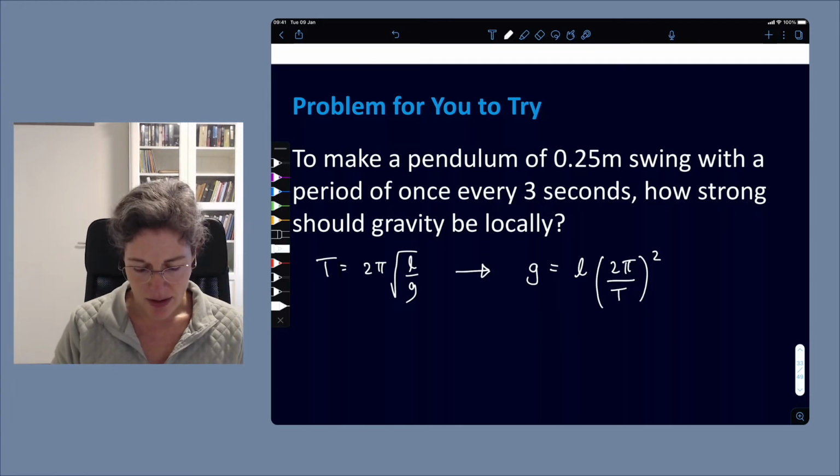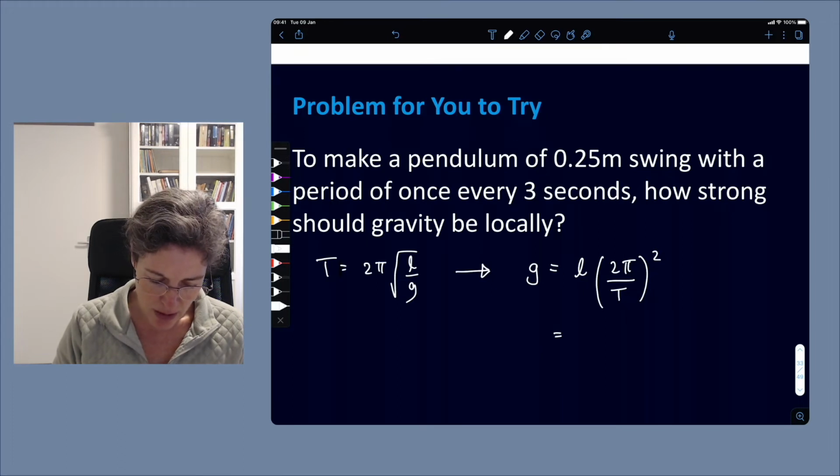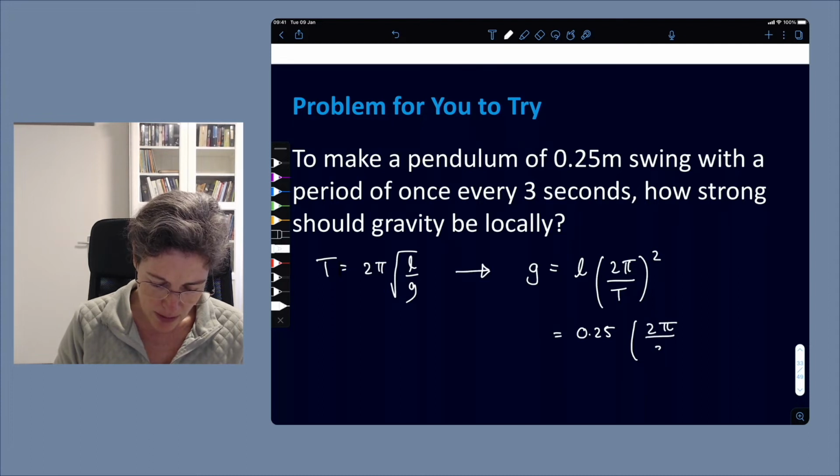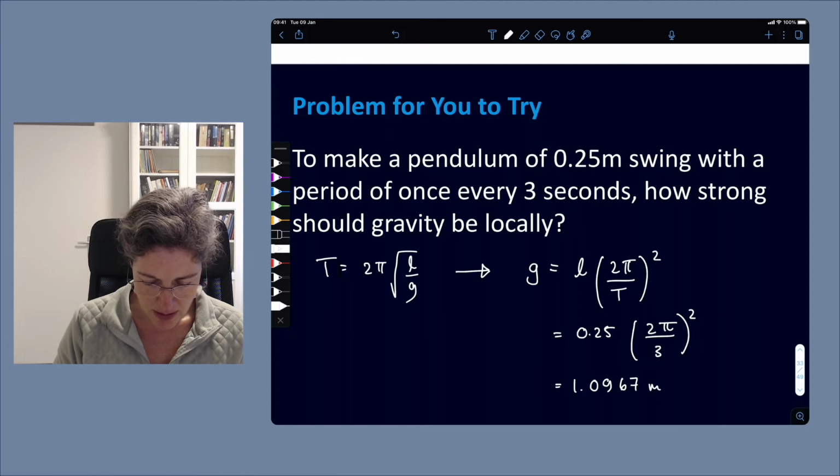If you plug in the numbers we've got here, we've got 0.25 times (2π divided by 3) all squared, and if we do that, it gives us about 1.0967 meters per second squared.